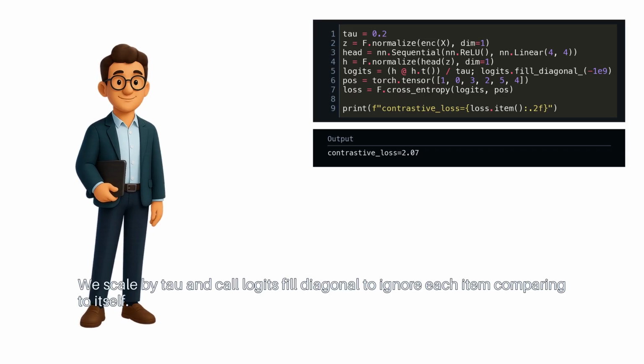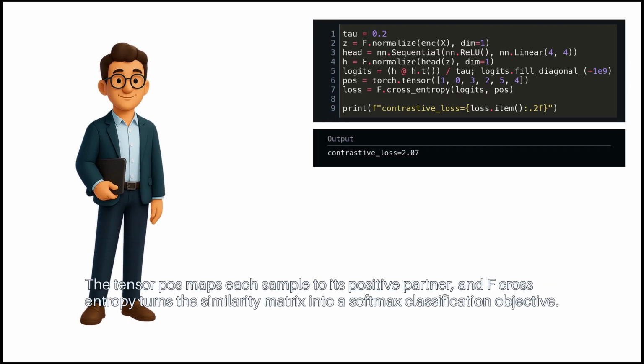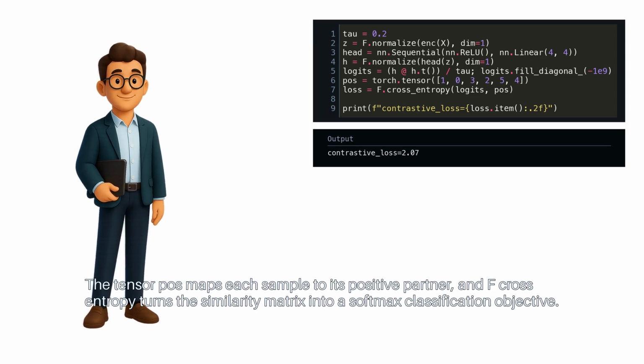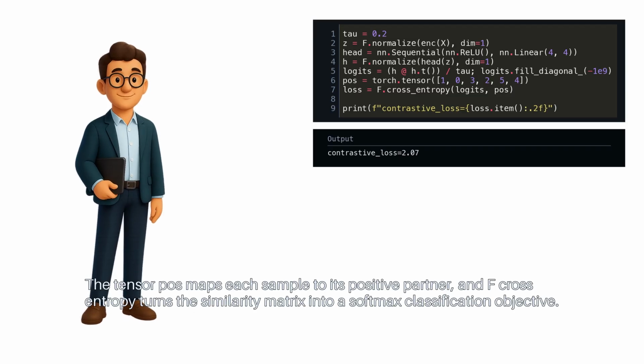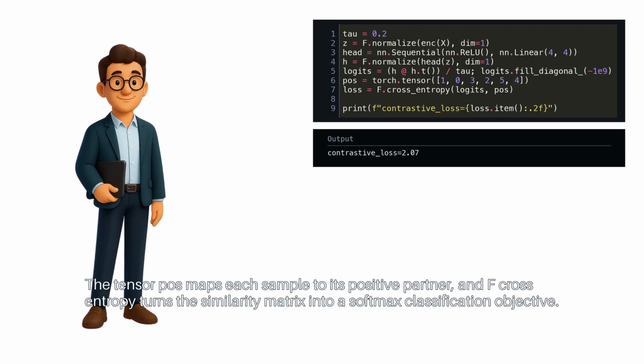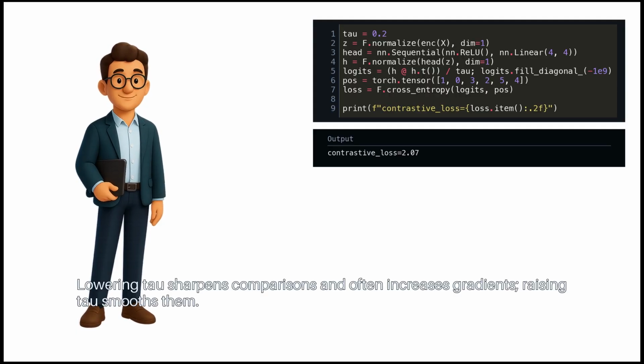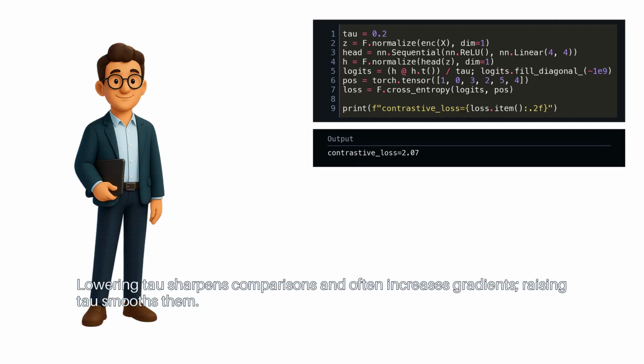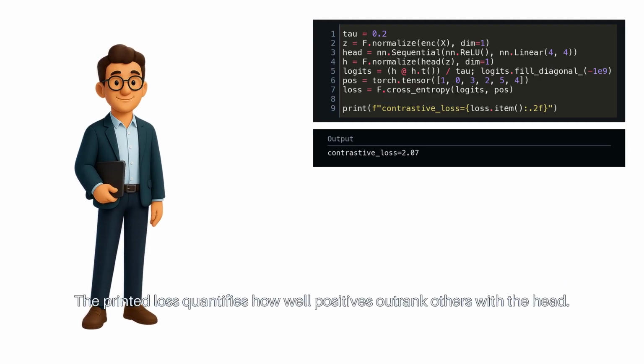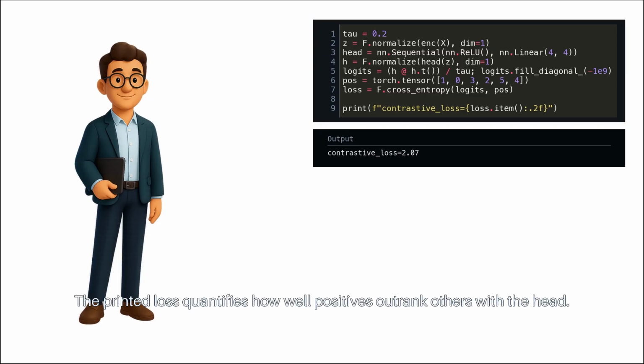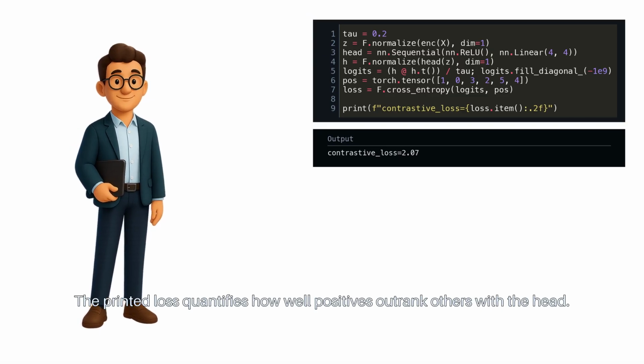We scale by tau and call logits.fill_diagonal to ignore each item comparing to itself. The tensor pos maps each sample to its positive partner, and F.cross_entropy turns the similarity matrix into a softmax classification objective. Lowering tau sharpens comparisons and often increases gradients. Raising tau smooths them. The printed loss quantifies how well positives outrank others with the head.